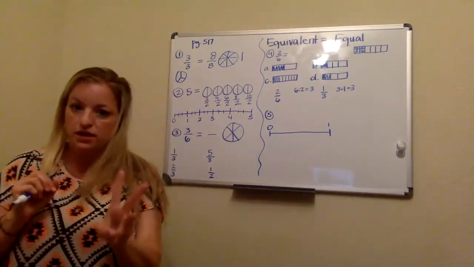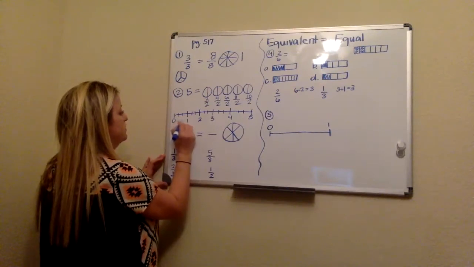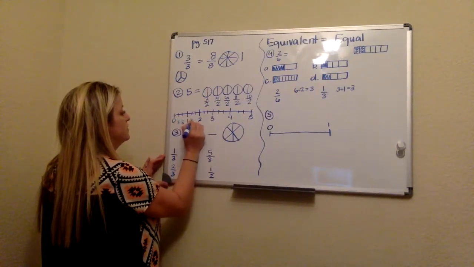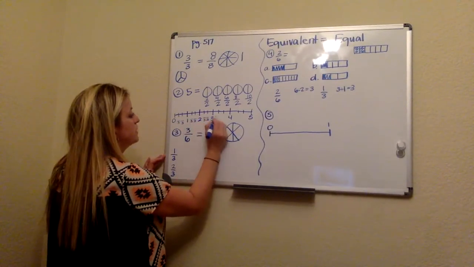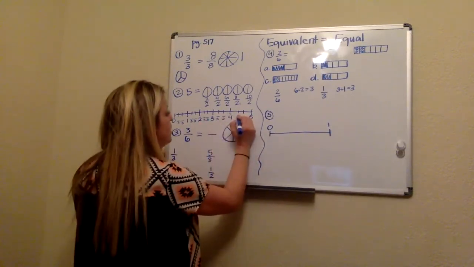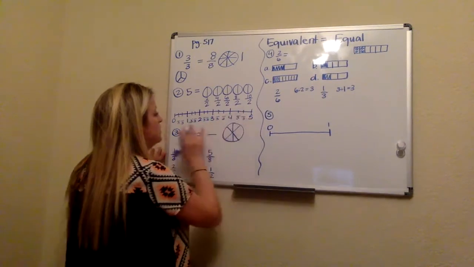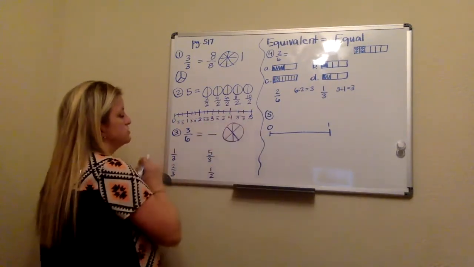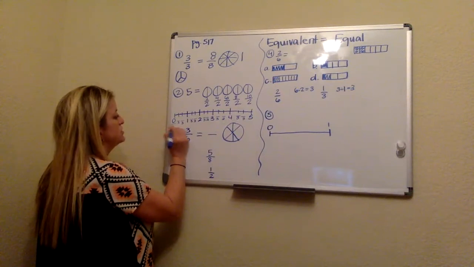My denominator is going to be 3. Now this is the fun part. This is like you're hopping on number line because you are. But I like to think of it as hot lava. So we're going to hop all the way down to 5 wholes. We're going to start out with 0 thirds.